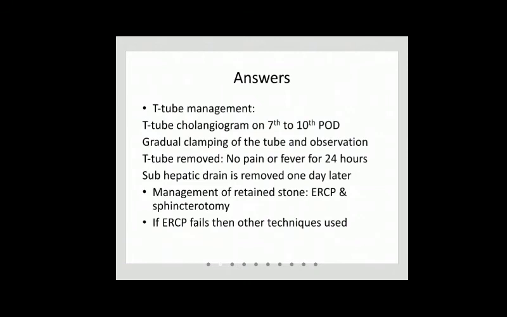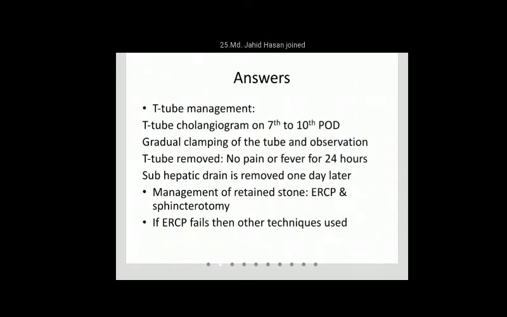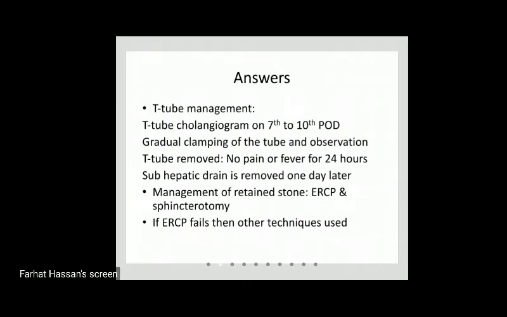What are the malignant causes? Periampullary carcinoma. So what do you mean by periampullary carcinoma? Carcinoma of the head of the pancreas, ampullary carcinoma, carcinoma of the lower common bile duct, and duodenal carcinoma. What is the definition of periampullary carcinoma?